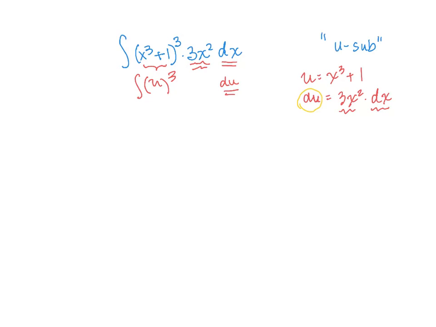My rewritten expression is now the integration of just u cubed du, and we know how to do that. The integration of u cubed is 1/4 u to the 4th plus c. But again, if my original function started in terms of x, I have to replace that u back in. So I get 1/4 times x cubed plus 1 to the 4th power plus c.